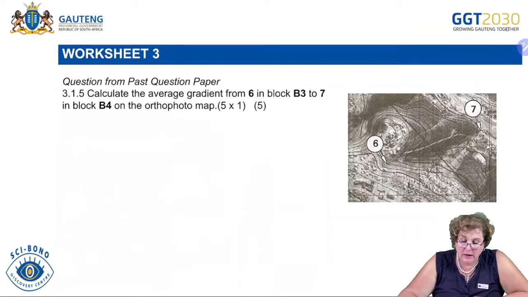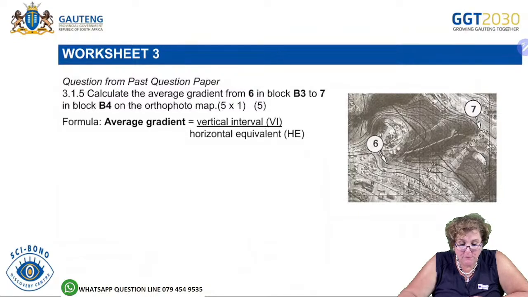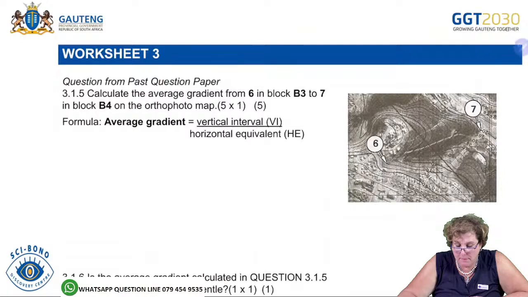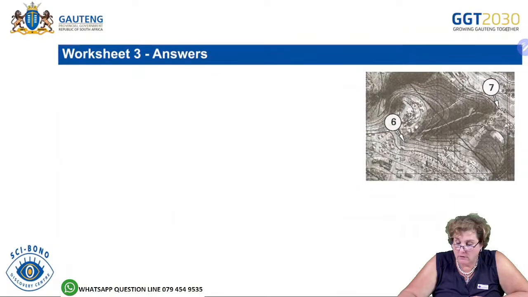Okay, worksheet 3, boys and girls, there's an orthophoto map. I'm asking you to calculate the average gradient from 0.6 to 0.7 in block B4 on the orthophoto map. And then we want to know, is the average gradient steep or gentle?